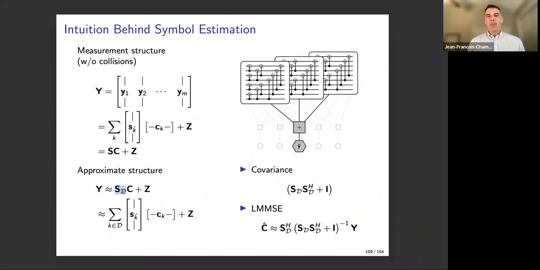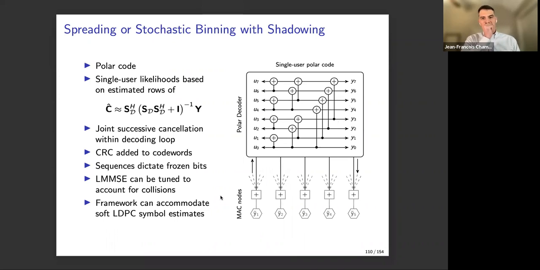But then, if I'm willing to live with this approximation, I can apply a straight linear minimum mean square filter to that. I just evaluate my covariance, and then I produce my symbol estimate for every symbol over time. Hopefully you are familiar with the linear minimum mean square estimator.